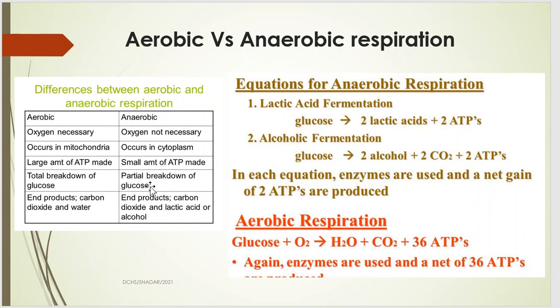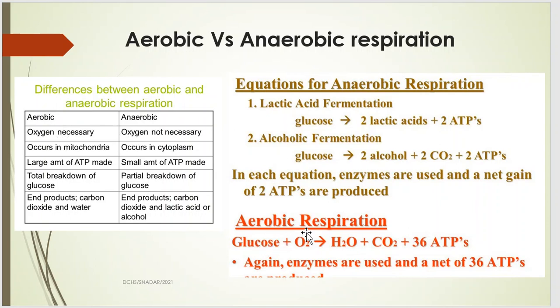But in anaerobic, it's a very partial breakdown. The products formed from anaerobic respiration can be reused for some other purpose as well. Here you get the end products carbon dioxide and water, and here we get carbon dioxide and lactic acid or alcohol. That's the difference between aerobic and anaerobic. Remember, aerobic needs oxygen, anaerobic does not need oxygen.